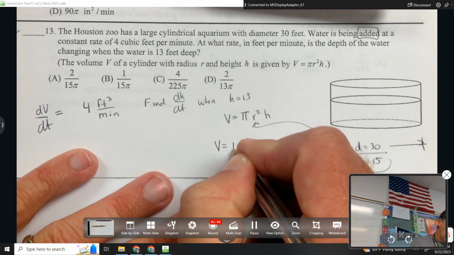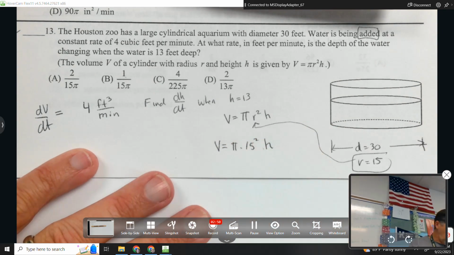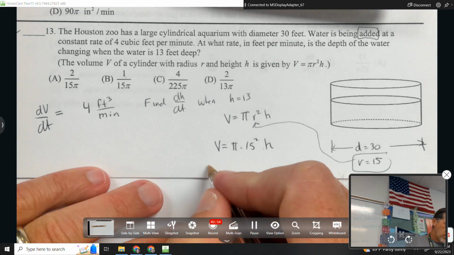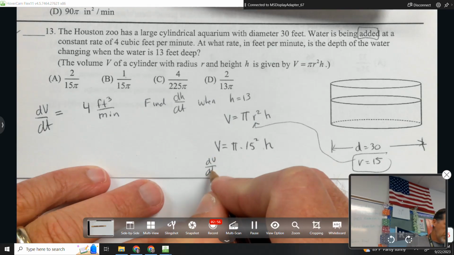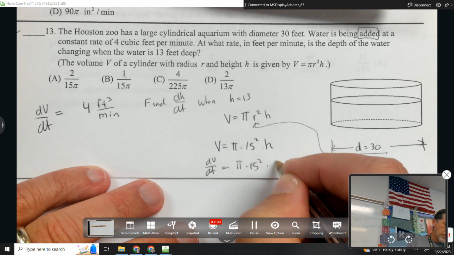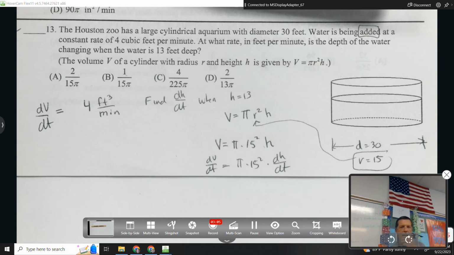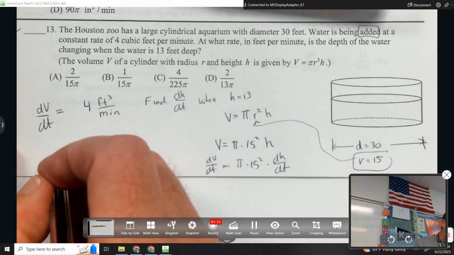So V equals pi times 15 squared times H. So dV dt is pi times 15 squared times dH dt. Let's see. So find dH dt. Oh, this is one of those algebra problems because I know dV dt is 4.